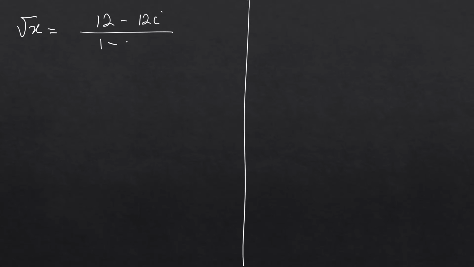I'm going to have root x is going to be equal to 12 minus 12i all over 1 minus. Remember what we did before. We did that root minus 1 is equal to i.